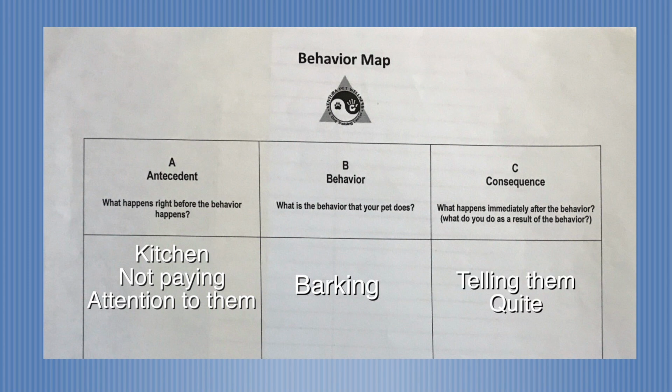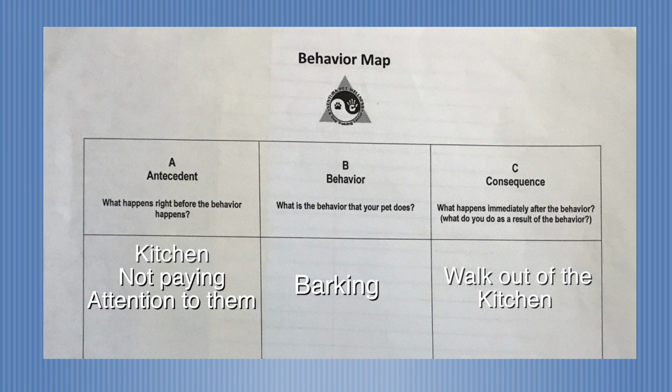And if you do give them your attention, so you look at them, you tell them quiet, you just reinforce that behavior. Now, if you wanted to change that behavior, so your dog barks at you when you're in the kitchen, and you walk out of the kitchen as a consequence and you completely ignore them, that could stop the barking behavior because you're no longer reinforcing it.